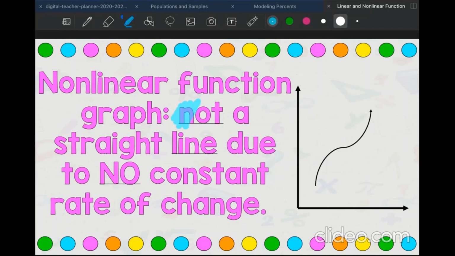It is not a straight line due to no constant rate of change. So, nonlinear functions are not a straight line.